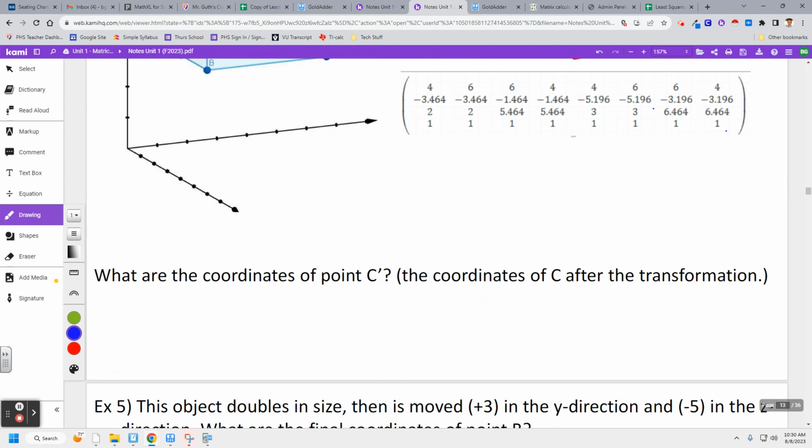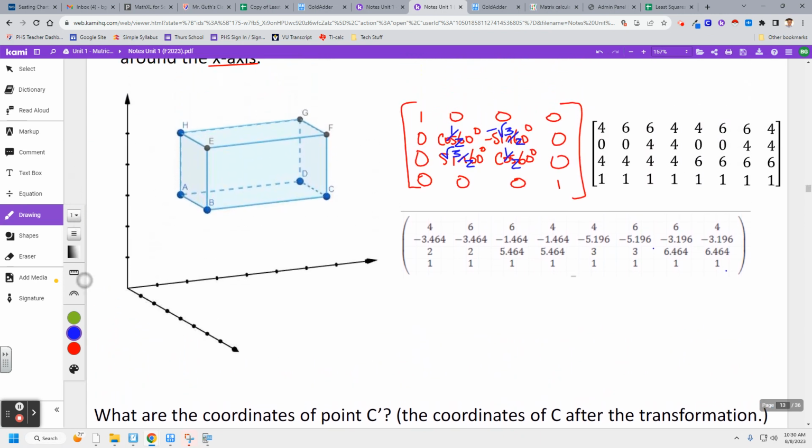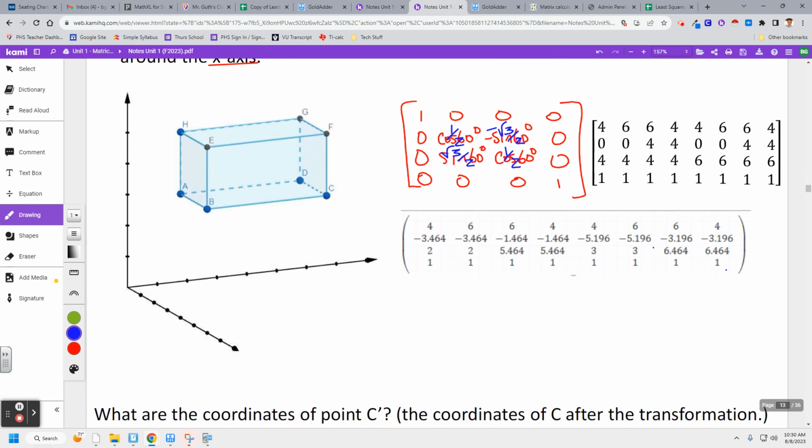The question says, what are the coordinates of point C prime, or in other words, the coordinates of C after the transformation? Okay. Well, which one was C? So let's look at this. Point A, and it's really hard to visualize this, but A is even with this 4, and then 0 on the Y, and then 1, 2, 3, 4.